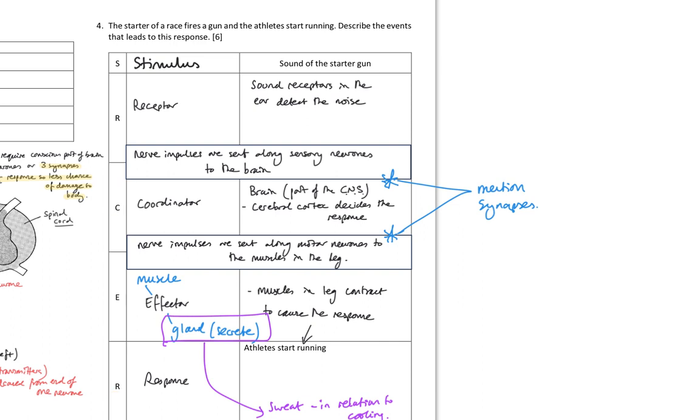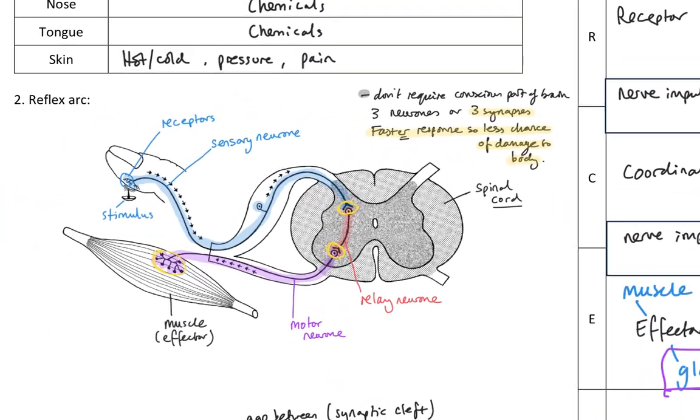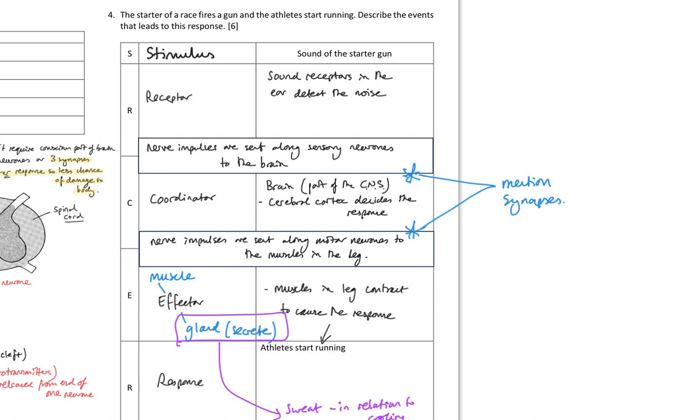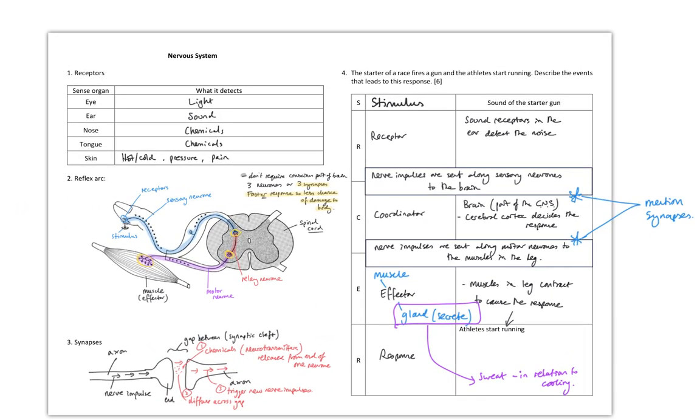And the only other thing is the central nervous system. That's the brain and the spinal cord. If it's a reflex, you talk about the spinal cord. If it's anything conscious, you would talk about the brain. But there's no harm in saying part of the central nervous system as well. Wonderful. I shall stop there.